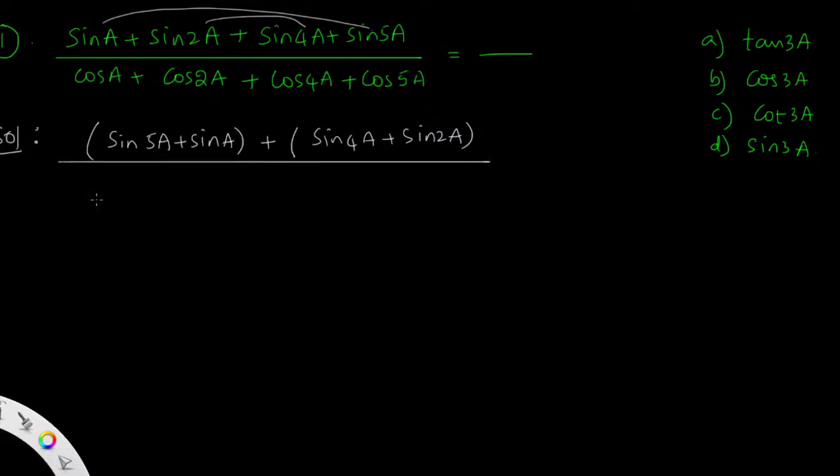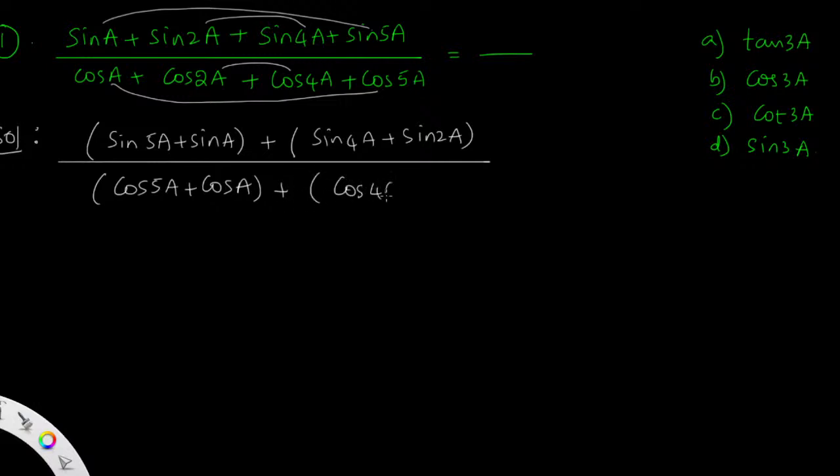Similarly cos 5A plus cos A, the first and last, and then cos 4A plus cos 2A for the remaining. Now it is in the form as per convenience. The formula is sin C plus sin D. Here also sin C plus sin D.